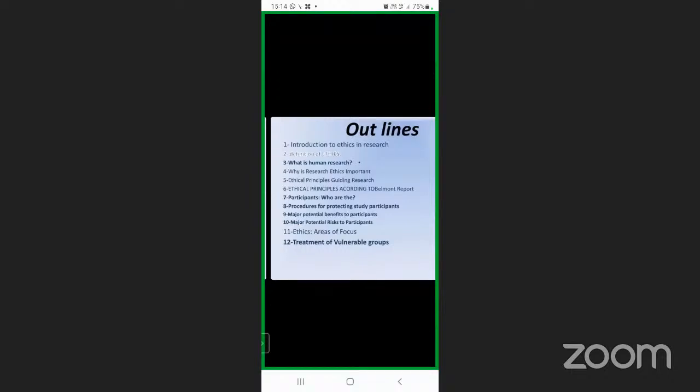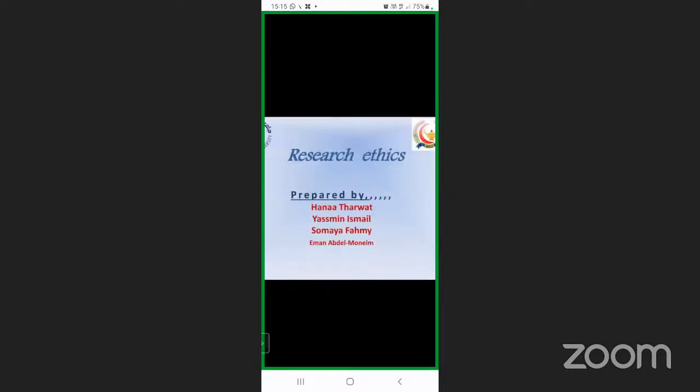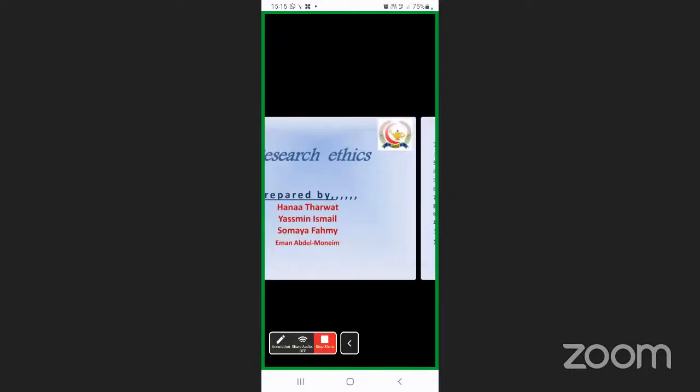Then next is the ethical principles according to the Belmont report. There are some reports which are mentioned, and we are going to discuss the different reports.